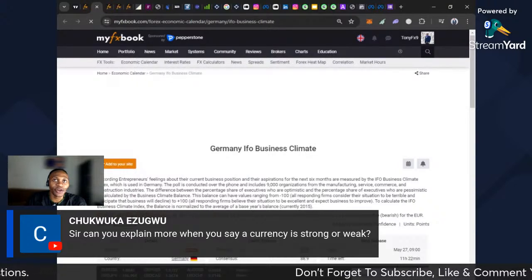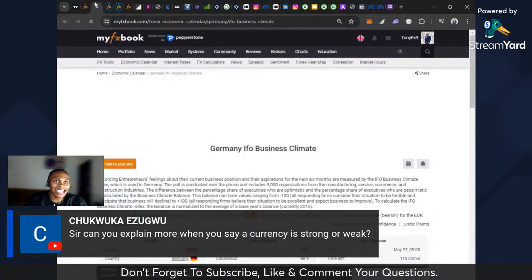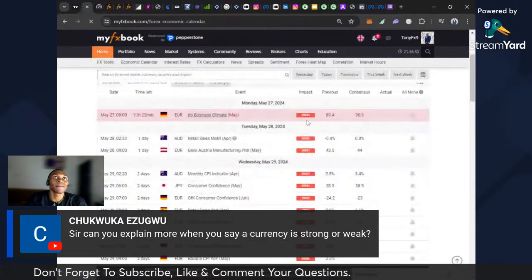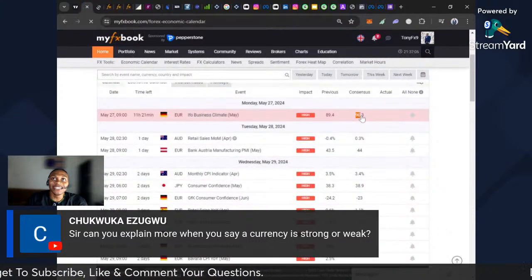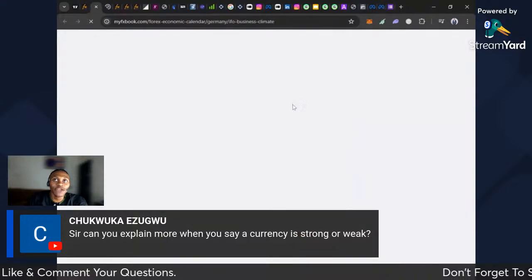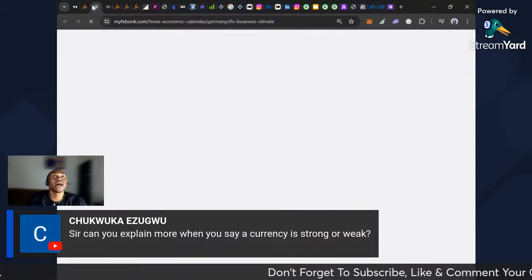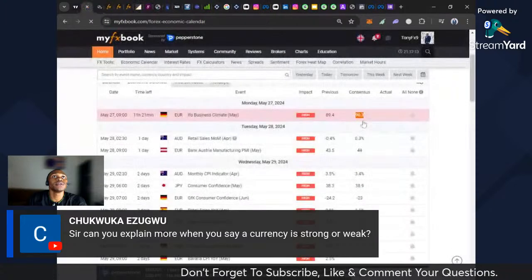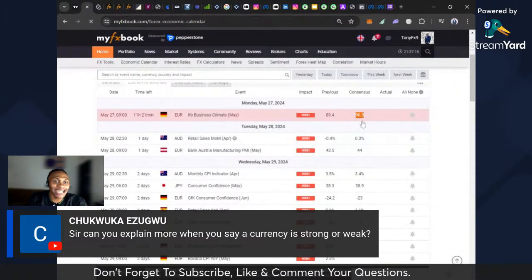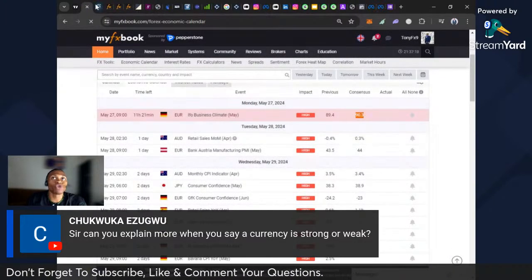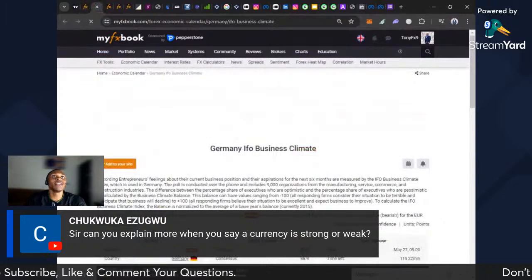Bullish for euro: a higher than expected figure. This is the expected figure. If we see a figure higher than 90.3, then euro will be strong. That's what this information is telling us.